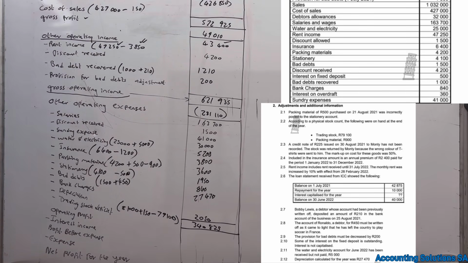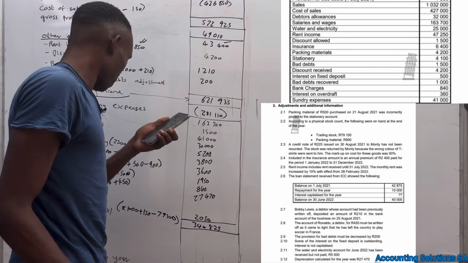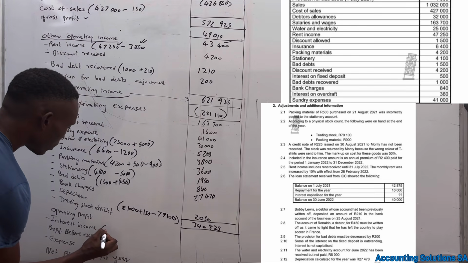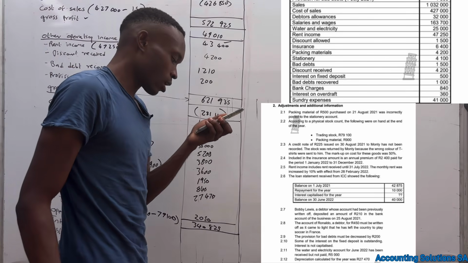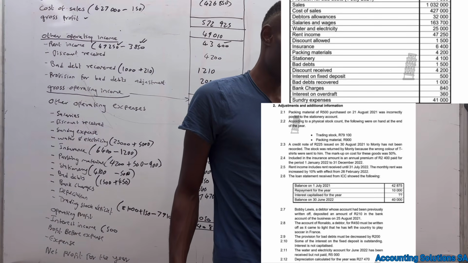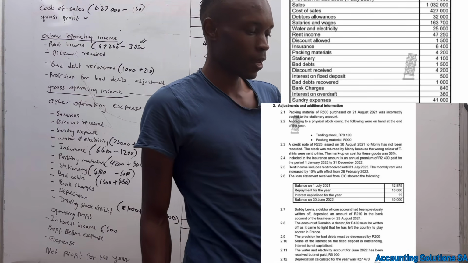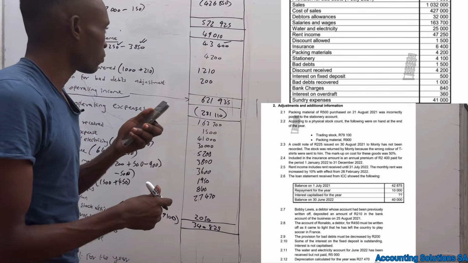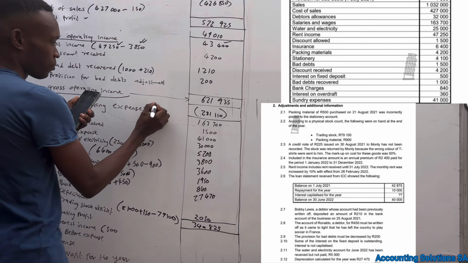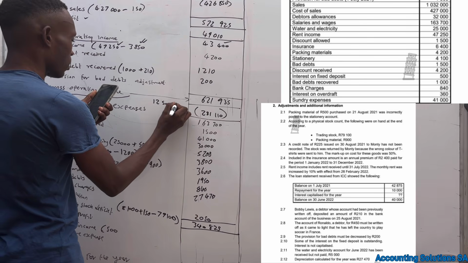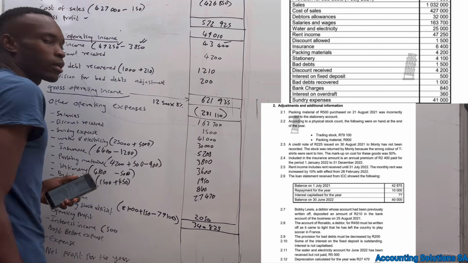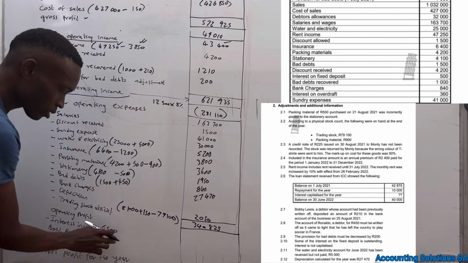All right, now let's check the next one, now we have to calculate interest income. Interest income, they say that we have an amount of 500, the first one, and in the transaction, they said that the sum of interest of fixed deposit is outstanding. Interest is not capitalized. If you take an amount of 12,500 under fixed deposit and you multiply by 8%, it's gonna give you 1,000, which means that this 500 is not enough.